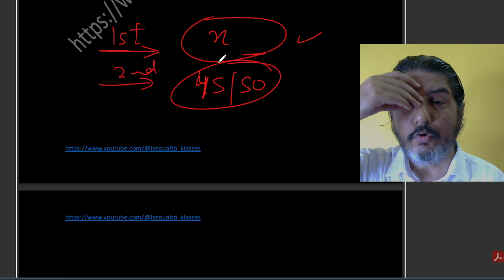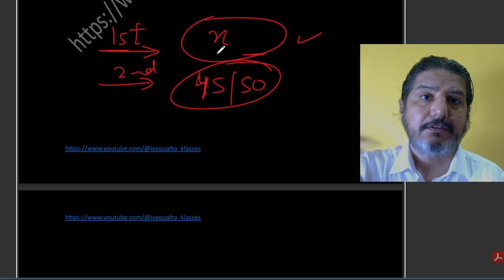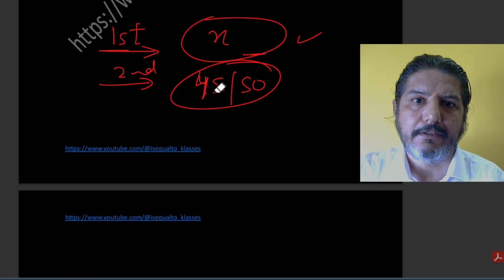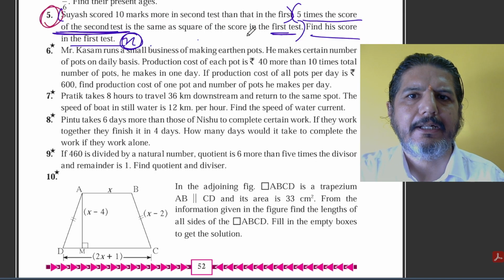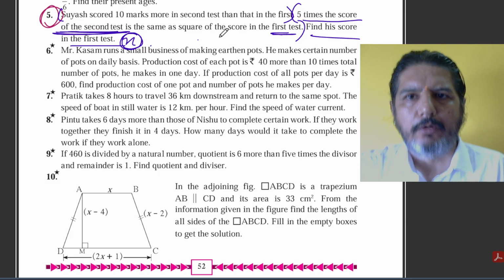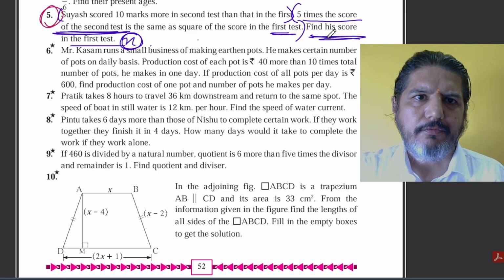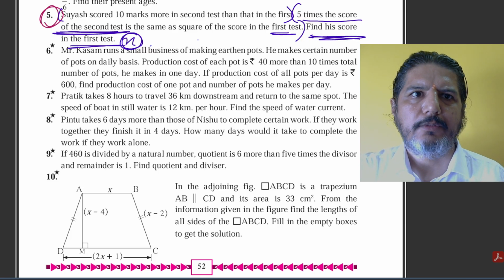So because score in the second test is 10 more than the score in the first test, therefore in second test the score would be x plus 10. So what are the lines I have used till now? I have used this line, find his score in the first test. I assume that to be x.